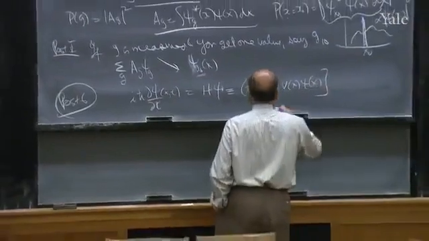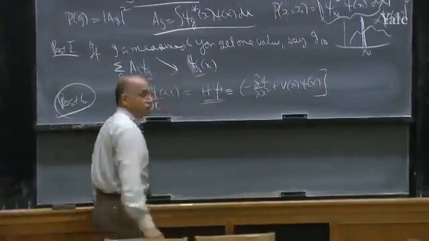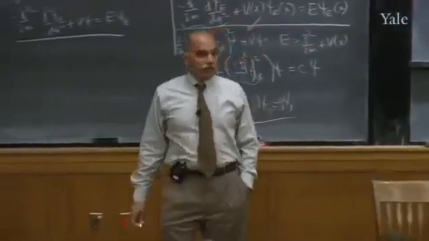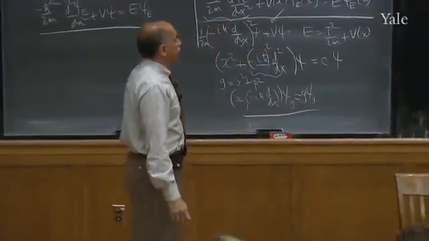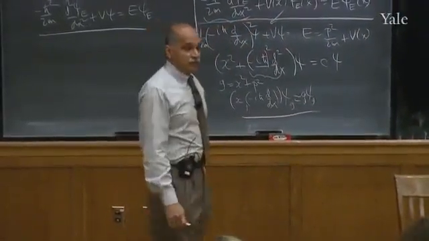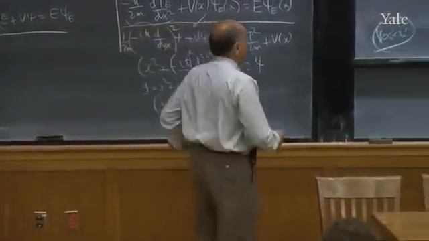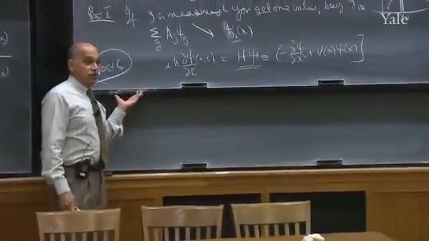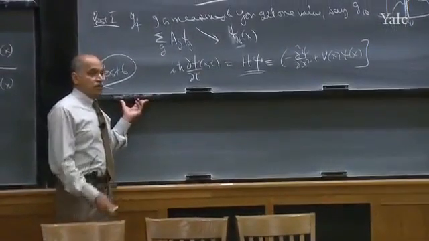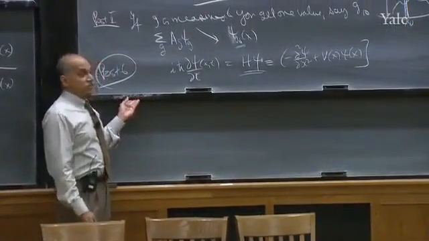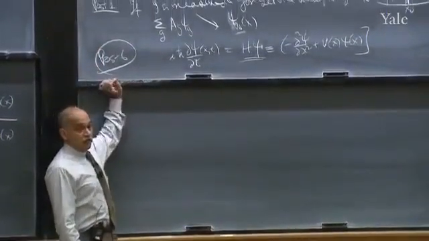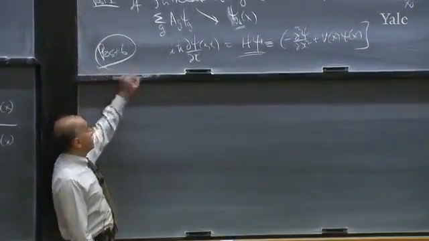If I get tired of writing it, I will call it h psi. That's, of course, a postulate, because you can never derive Schrödinger's equation any more than you can derive Newton's laws. This is, as I said, one of the most powerful equations in modern physics, because it contains all of non-relativistic quantum mechanics and all of classical mechanics and all of solid-state physics and superfluids and superconductors. Everything comes from this equation.